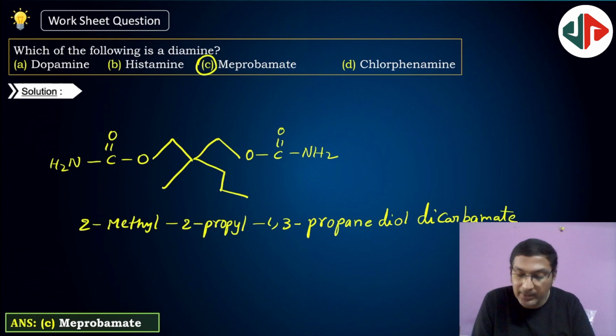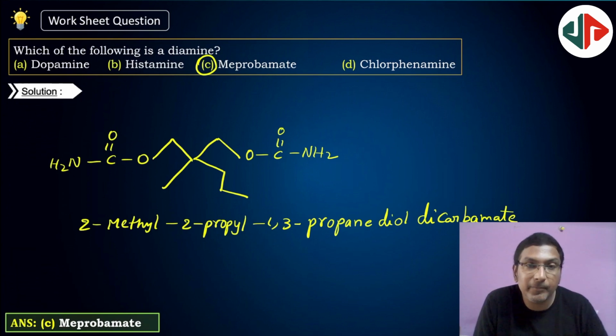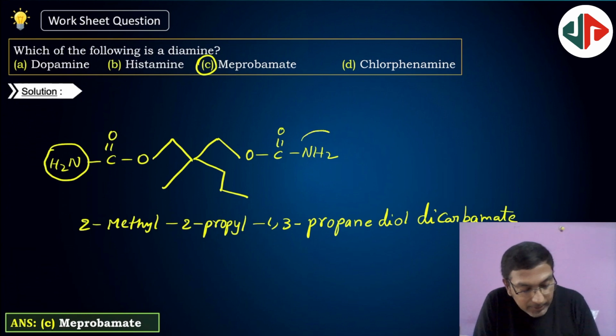So this will be known as meprobamate. So this is the structure. So option C. So diamine NH2, and here NH2 is present.